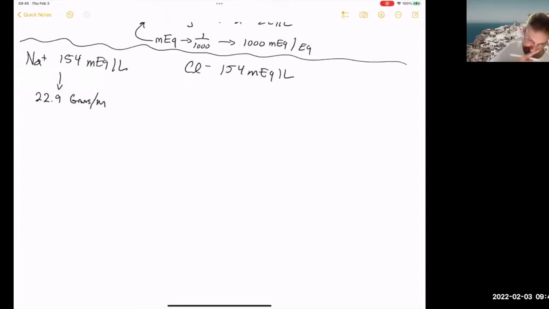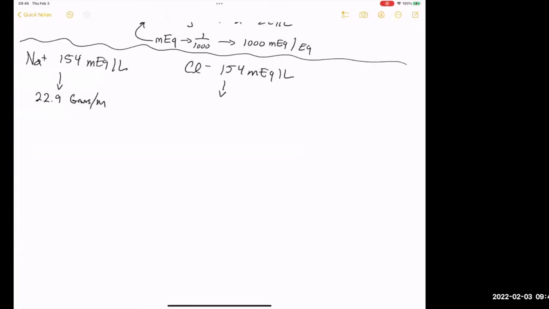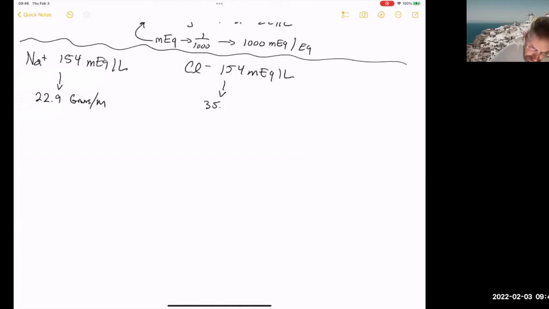All right. And let's look up chloride. What's the atomic weight for chloride? 35.45. I think it's like 35.4 and some change. So let's just do 35.45 grams per mole. Everybody okay there?